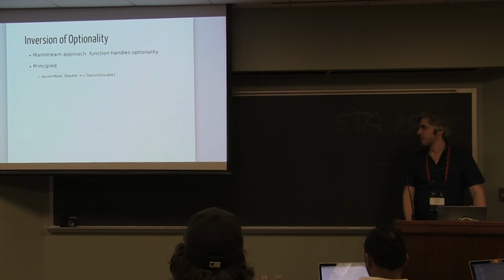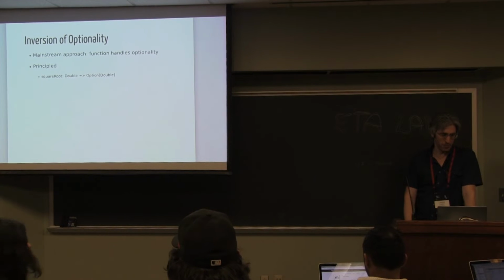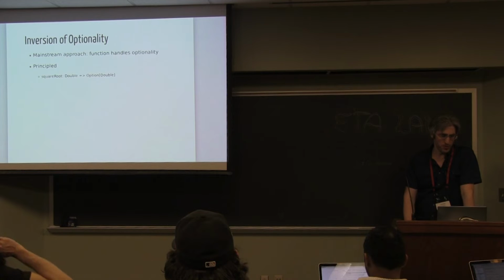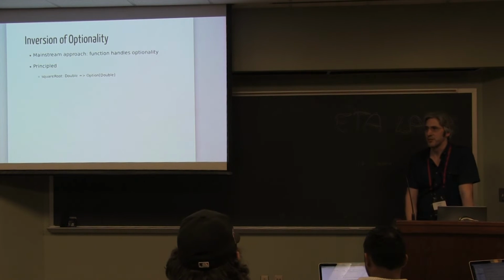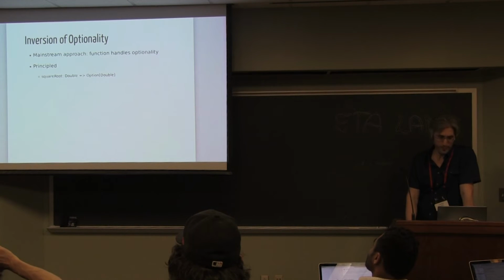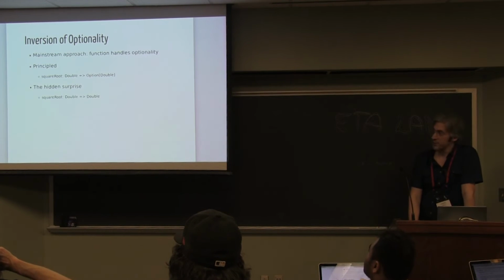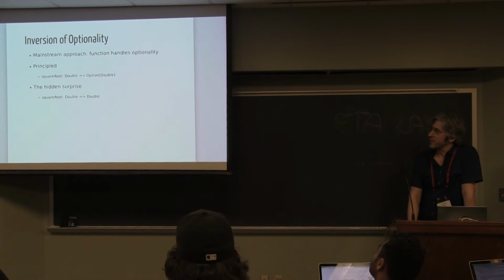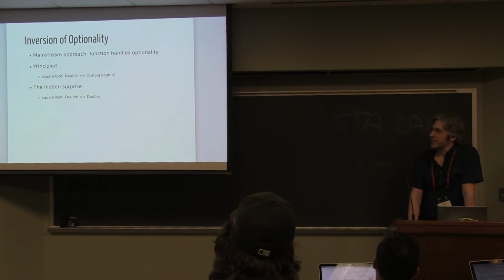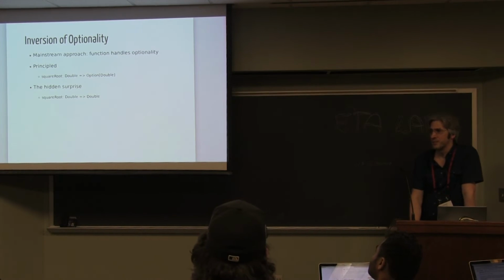If you had a principled library, it should be from double to a maybe of double, or option of double, because it's not total. There's no totality there if you pass a negative number, unless you have imaginary numbers with reals. So it's not a total function. But instead what we do is from double to double, happy days, and wait for the surprise, because what will happen is going to be an exception or not a number, depending on the language.